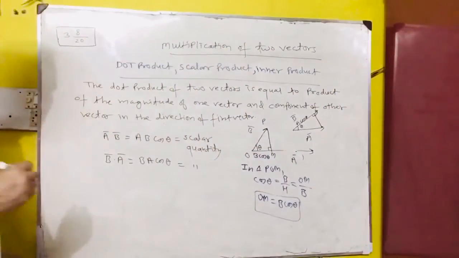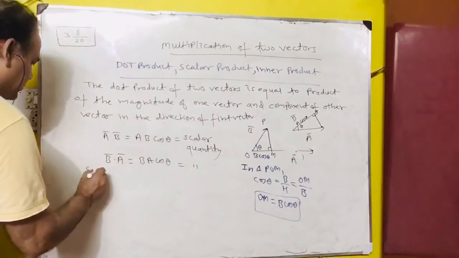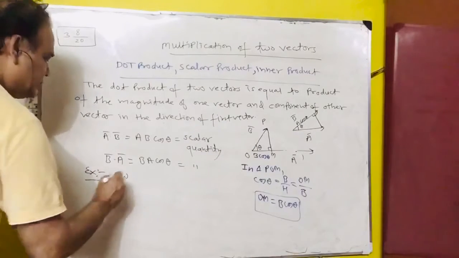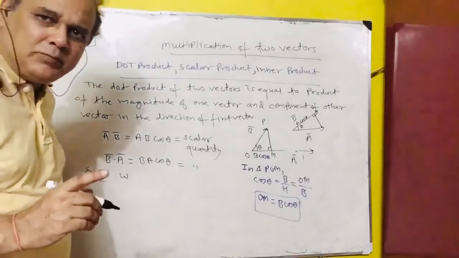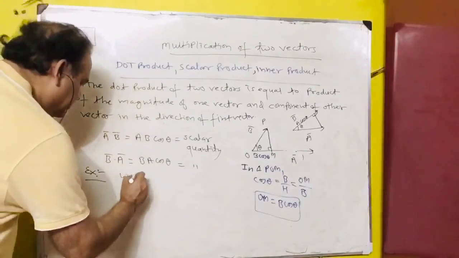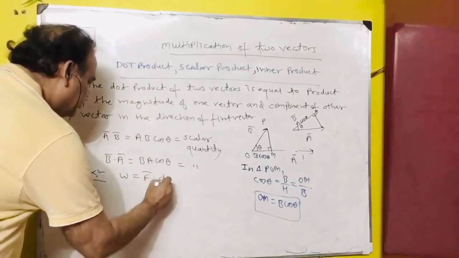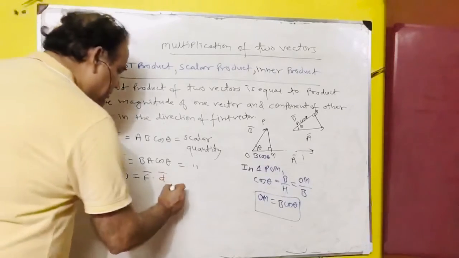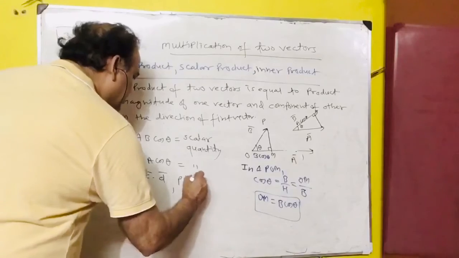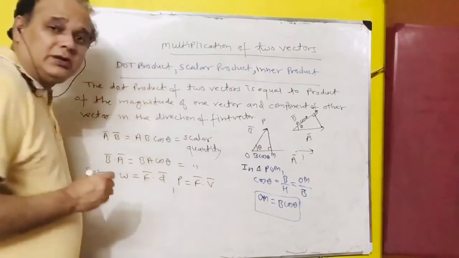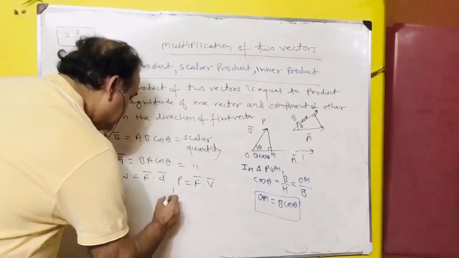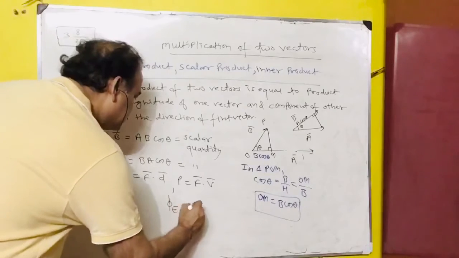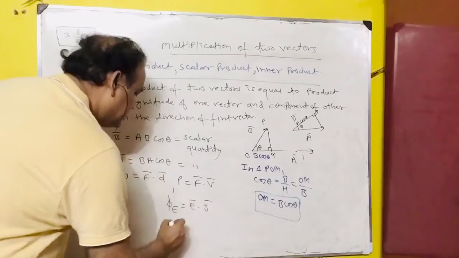This is the formula, and if you want to find example, work is the best example because work is the dot product of force and displacement, and it is a scalar quantity. Similarly, power is F into V, force into velocity. Similarly, you have electric flux, E vector dot S vector.